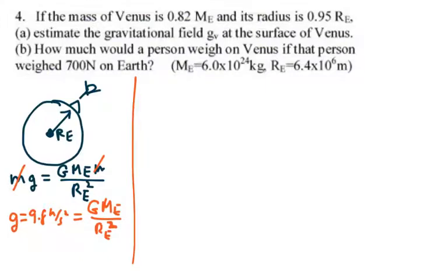If you went to Venus, the gravitational acceleration of Venus would be equal to G times the mass of Venus over the radius of Venus squared.